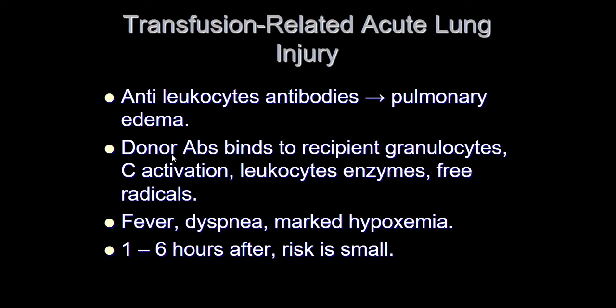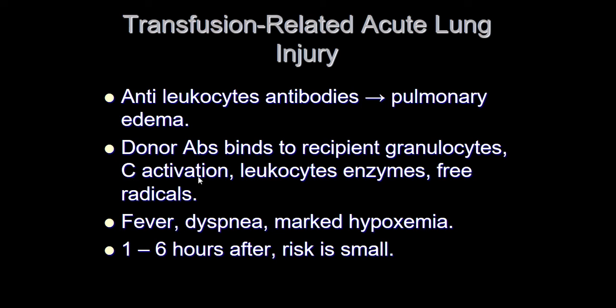Usually the cause of this acute lung injury is the donor antibodies. They bind to recipient granulocytes.